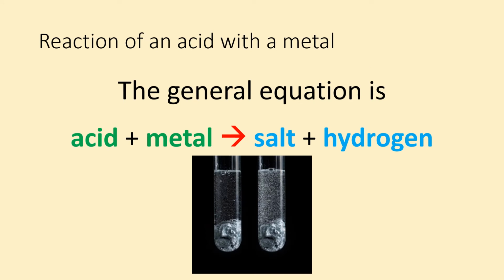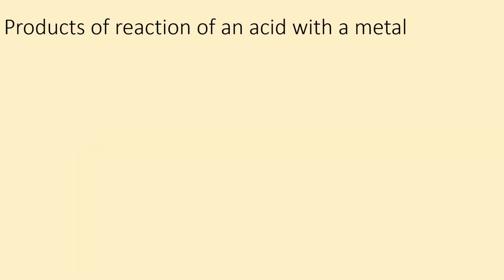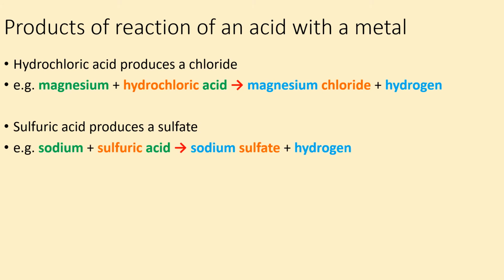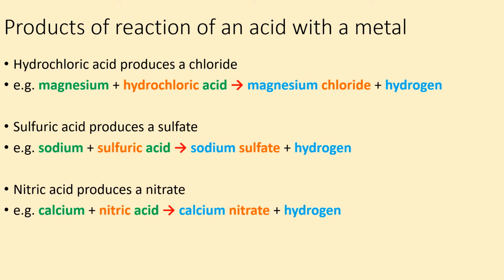Okay, last type of reaction, acid plus metal makes salt, but this time instead of water, we're making hydrogen gas. And you've got zinc reacting with an acid in this photo. Sorry about the background noise. Okay, so the products of those reactions, hydrochloric acid makes a chloride again, sulfuric makes a sulfate, and nitric makes a nitrate.